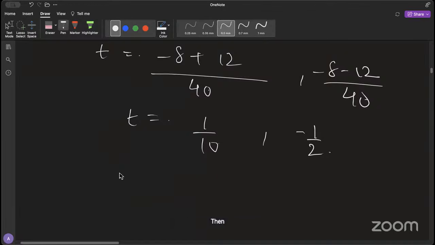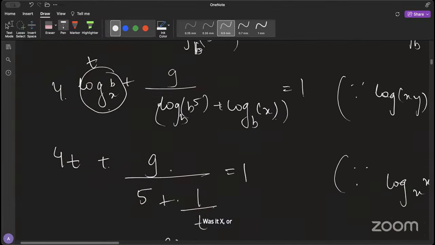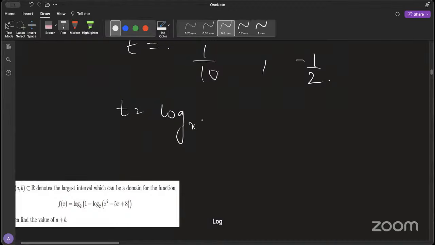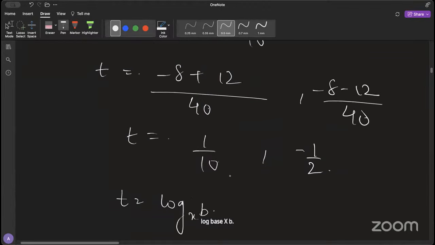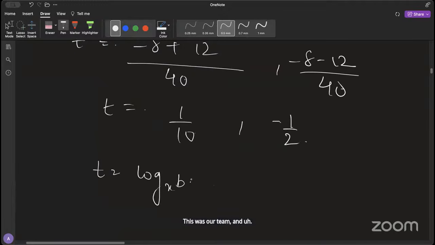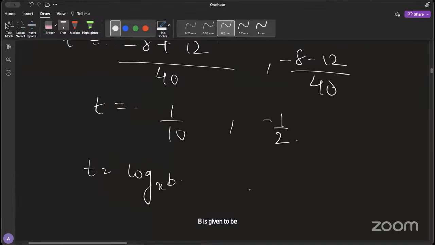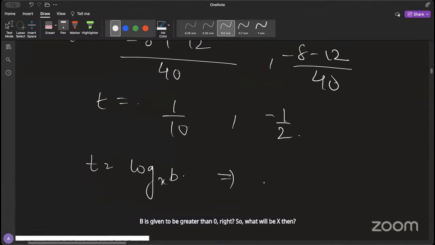Then our t was log base x of b. This was our t, and b is given to be greater than 0, right? So what will be x then? Because we already have the value of t, we have to find x, right?